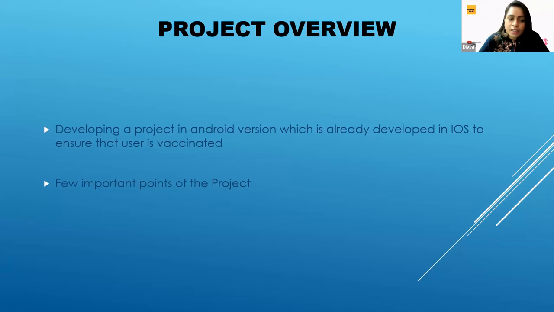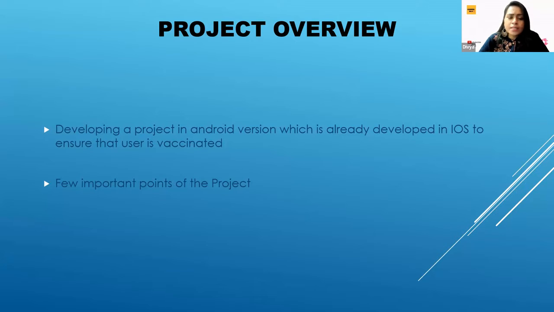Keeping this point in view, the Covaxin company has decided to develop a software where a person, when he gets vaccinated, updates his status, and just by scanning the QR code while entering any mall, it shows whether the person is vaccinated or not. So this is a brief project overview that we would be discussing for writing a functional requirement document.